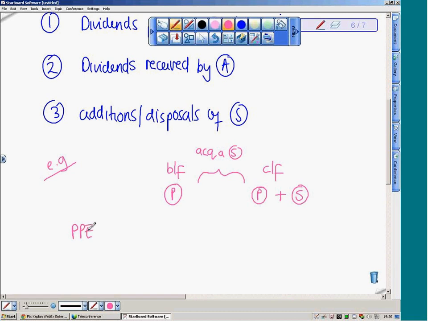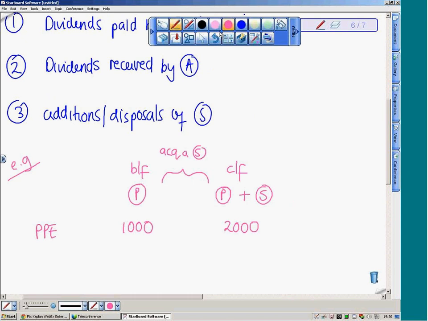Let's think about PPE. Think about a brought forward number of 1,000. Let's think about the carry forward being 2,000. Okay. In a different colour, I'm just going to add on the side that the subsidiary, when it was acquired, had assets of 200.